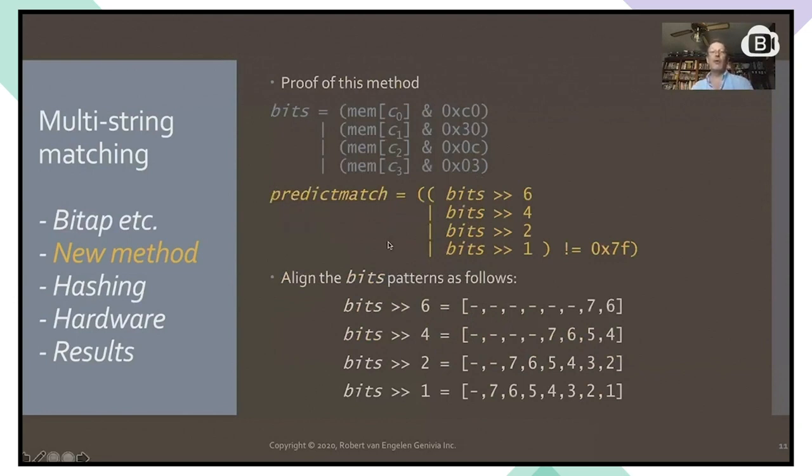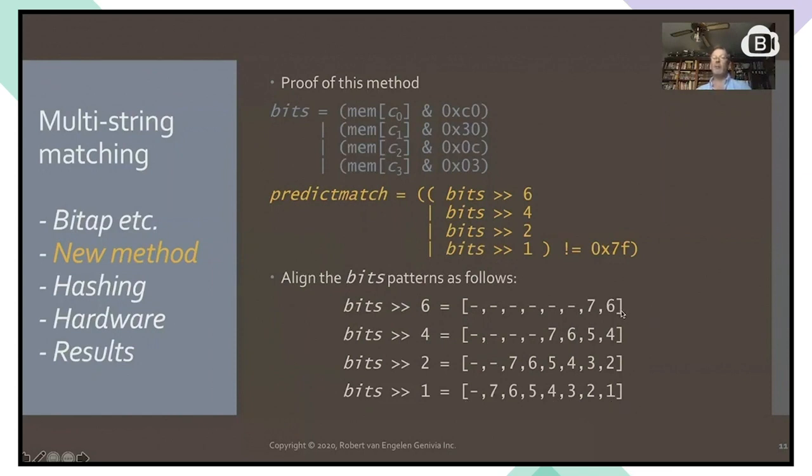So to understand how this works, the proof of this method is more visual. I'll spare you the lemmas and theorems necessary to prove this, but it's very clear from this particular viewpoint when we use the bit patterns as a matrix, right? So we have our bit shifts by 6, 4, 2, and 1, as shown over here, and we form this matrix.